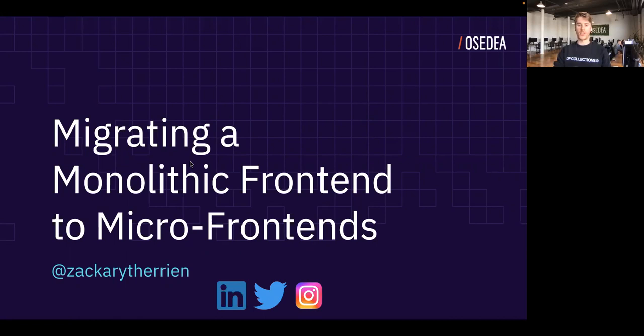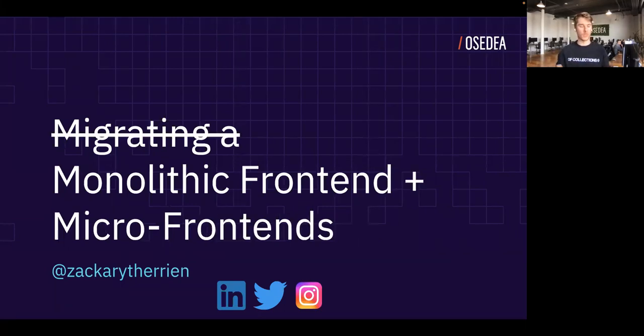I started my presentation with this title, migrating a monolithic front end to multiple micro-frontends. But it's kind of a lie. Depending on how much budget and time you have, you'll actually end up with a monolithic front end plus some micro-frontends around the monolith, or at least that's how you're going to start.